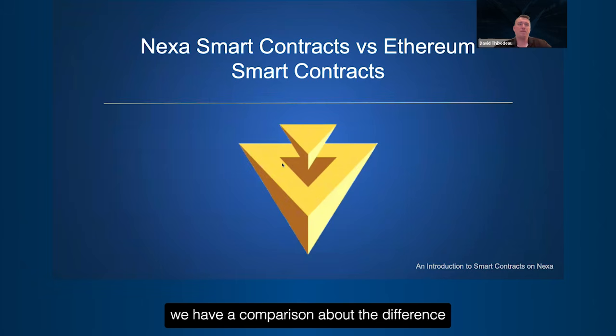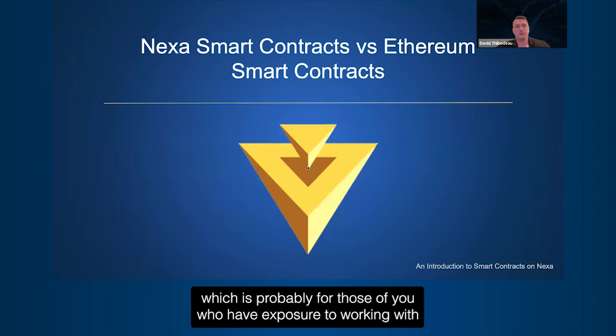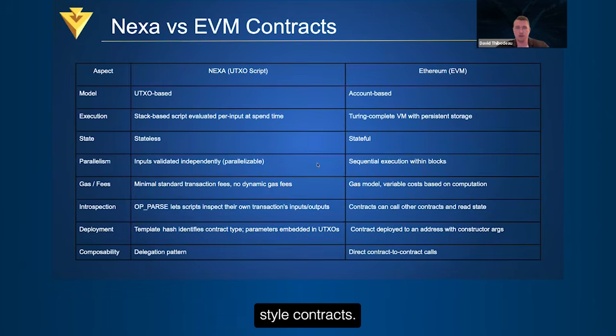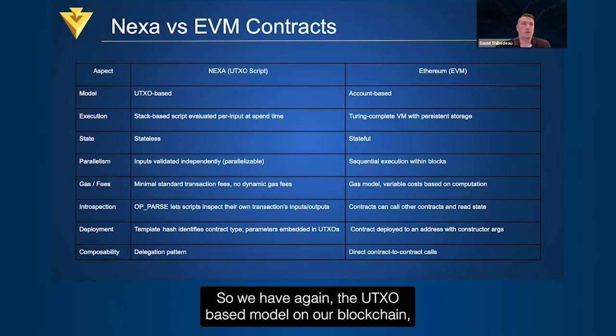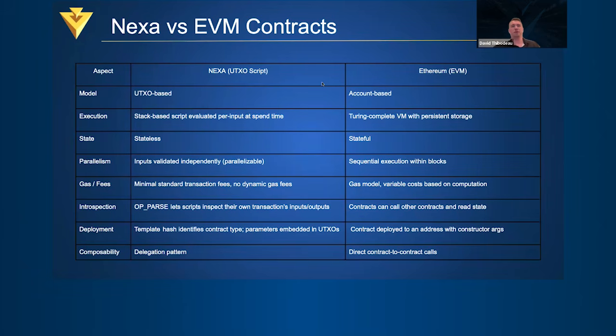So next we have a comparison about the difference between smart contracts on Nexa versus smart contracts on Ethereum, which is probably, for those of you who have exposure to working with smart contracts, you're probably familiar with the EVM style contracts. Nexa's are quite a bit different. So we have, again, the UTXO based model on our blockchain, and that extends into our contract scripts.